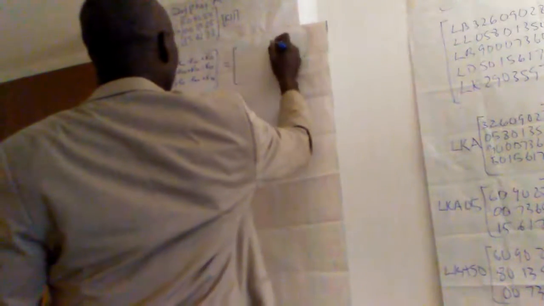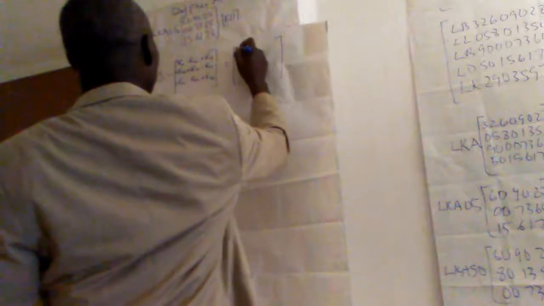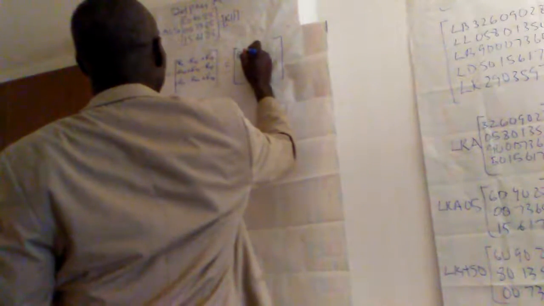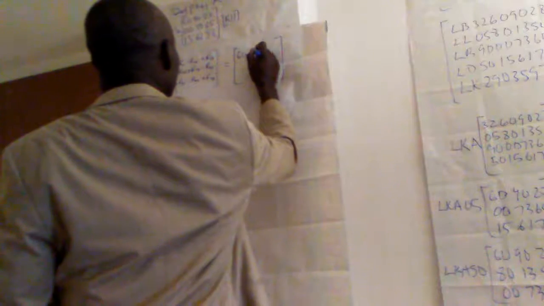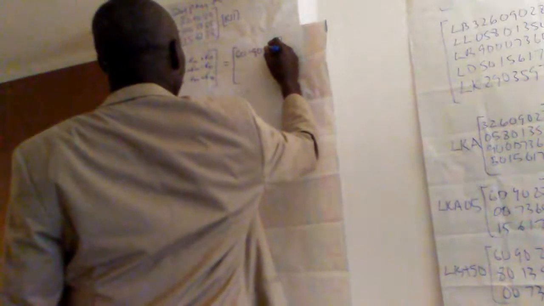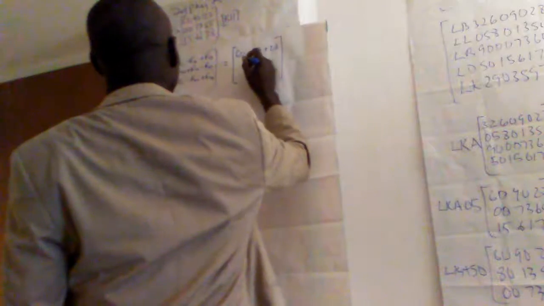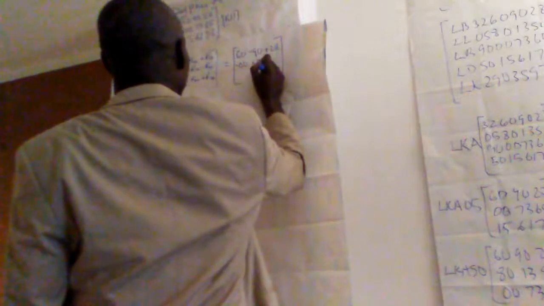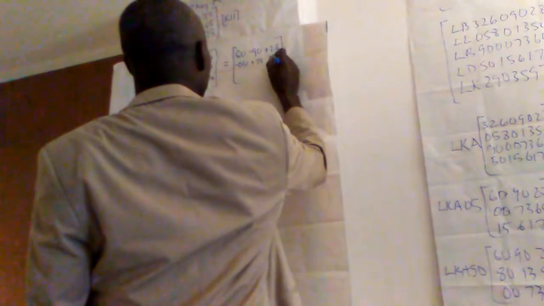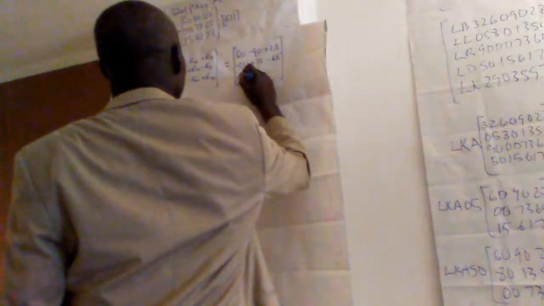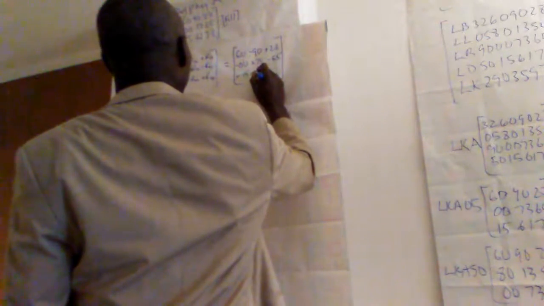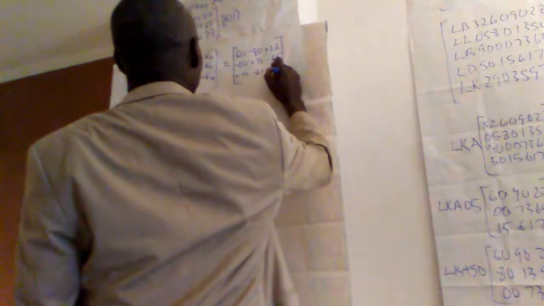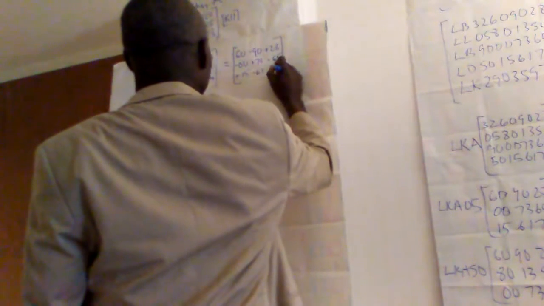Let's write the determinant of plus 60, minus 90, plus 28, minus 0, plus 73, minus 65, plus 15, minus 61 and plus 78. These are resistances now.